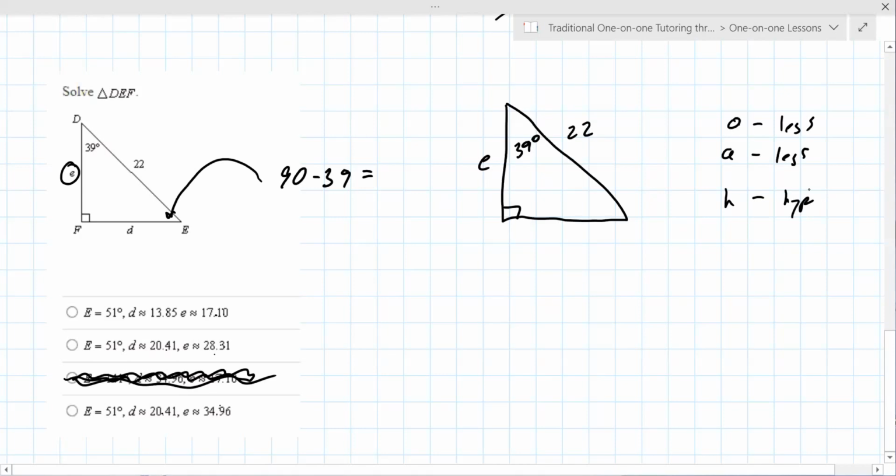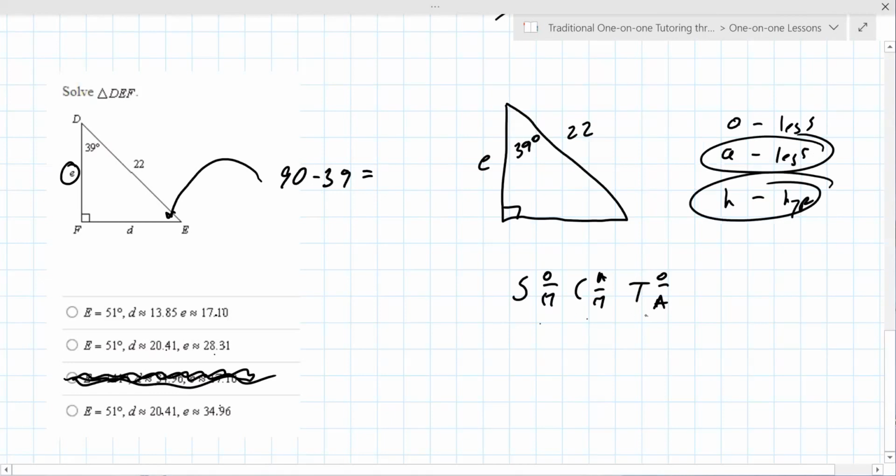Okay, so you want the trig function that uses the adjacent and the hypotenuse. Which of these three is it? Sine uses opposite and hypotenuse. Cosine is adjacent and hypotenuse. Tangent is opposite and adjacent. So cosine. The cosine of 39 equals E over 22. You clear the E by multiplying both sides by the 22.